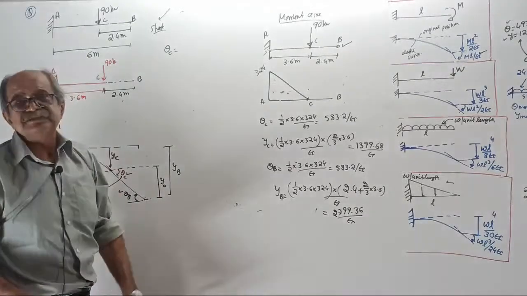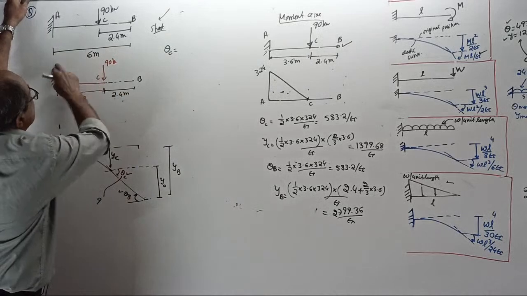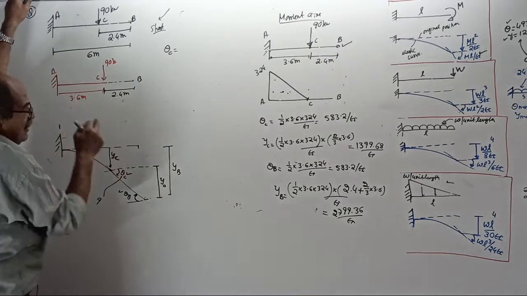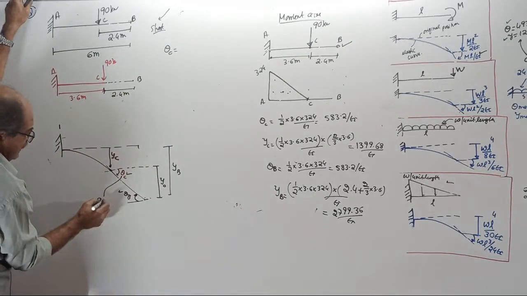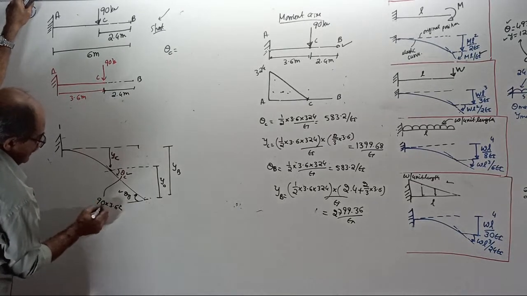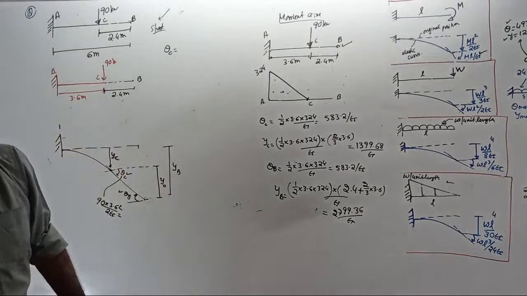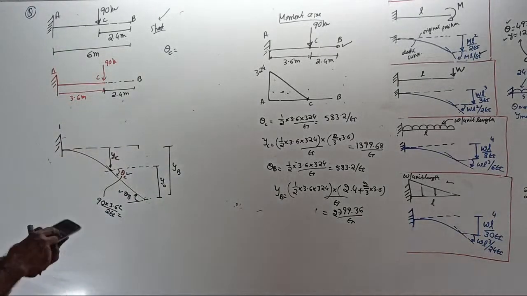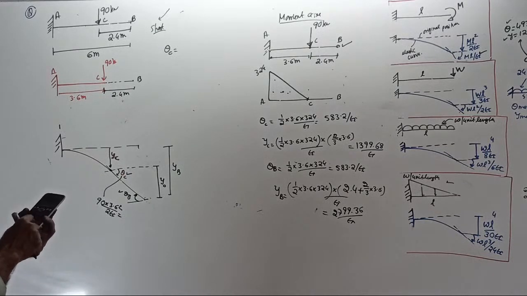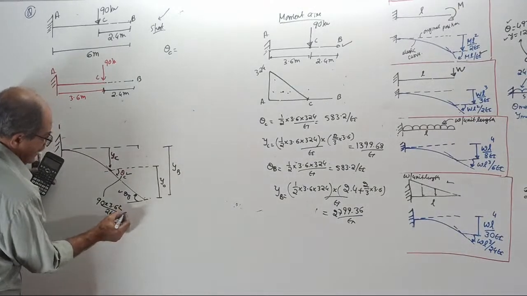Those who are serious, write the formula, but L is not 6 meter. This is your L, red color only. 90 into 3.6 square divided by 2EI. That answer is 583.2 by EI.